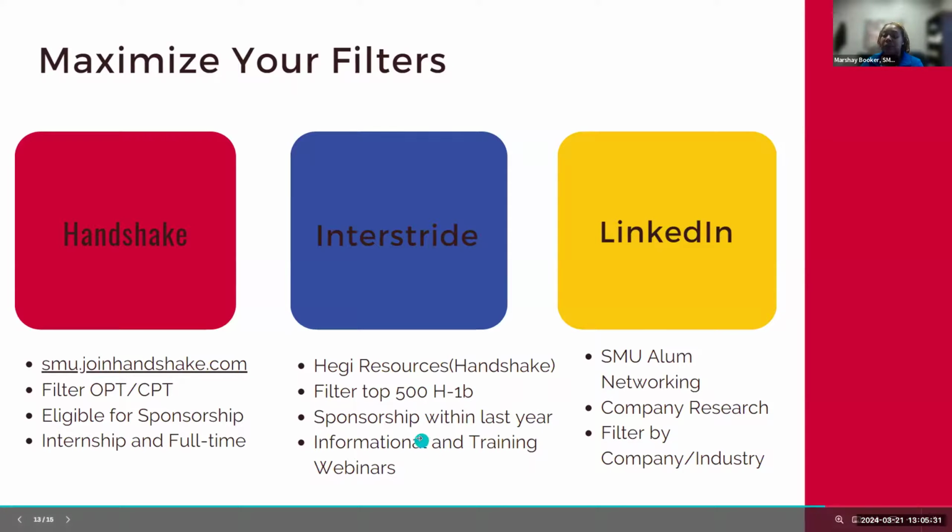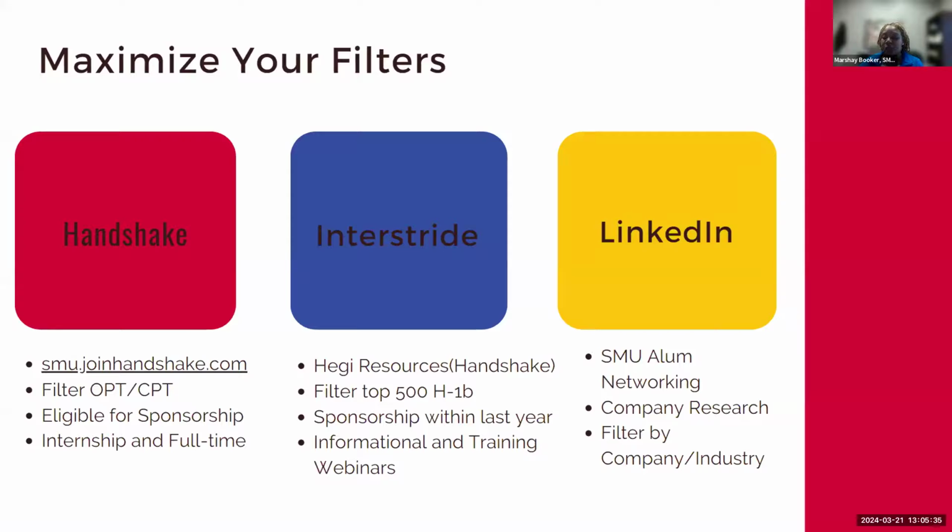So let's say that you're going into an industry that you have a little bit of knowledge of, but you want to know more. They host free informational and training webinars on InterStride. It is another one where you can filter for CPT. Most of the employers on InterStride are looking for international students within the US, and you can filter by location and all these other things.